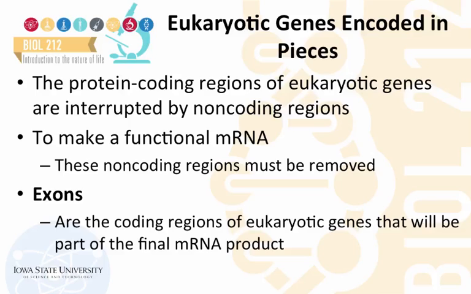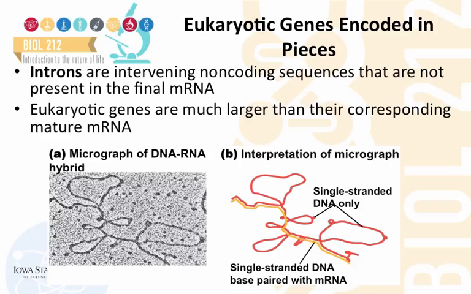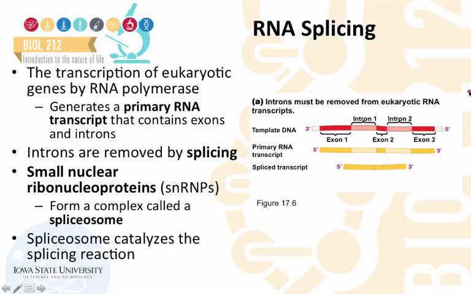These exons will come together to form the final mRNA product. The non-coding regions or the intervening sequences are called the introns that don't end up in the final mRNA. So eukaryotic genes are in fact much larger than their actual corresponding mature mRNA.